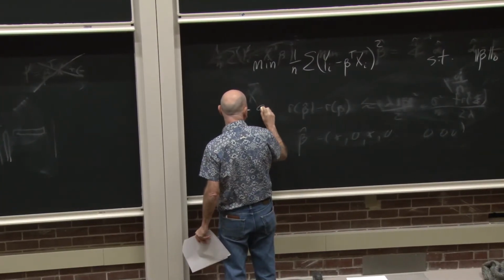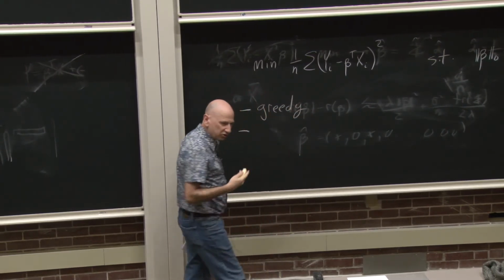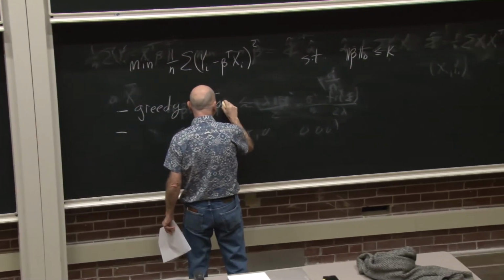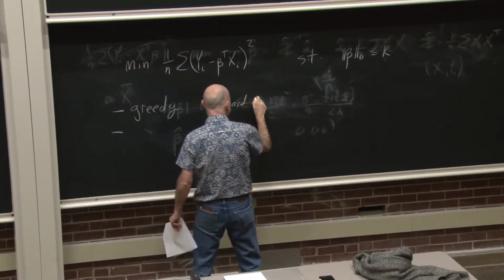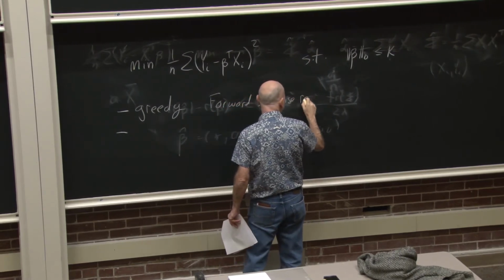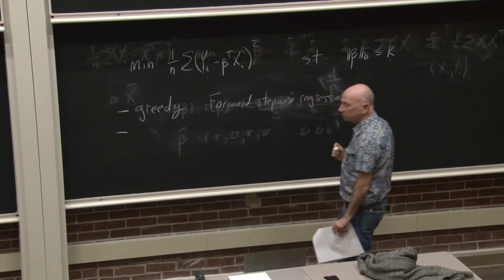The older approach, whenever you have a very difficult problem, one possibility is to try some sort of a greedy approach, which in statistics is what's called forward stepwise regression, which I'll explain in a second. And again, when I was a student, this is what we did.